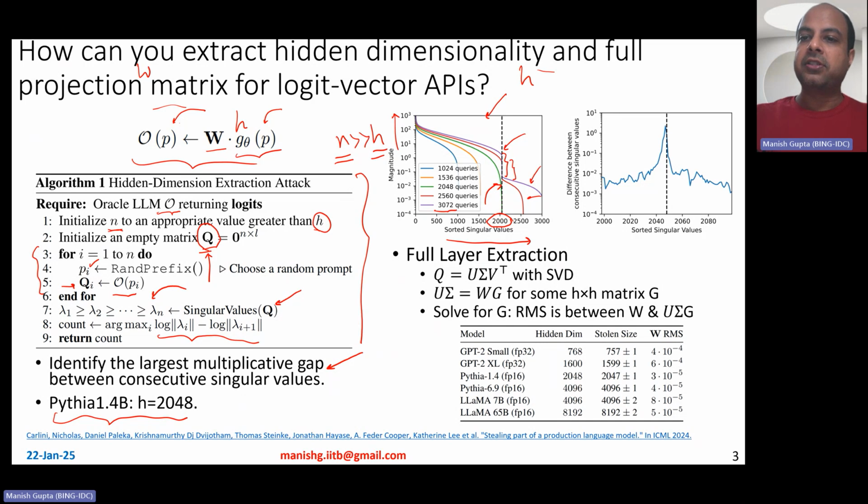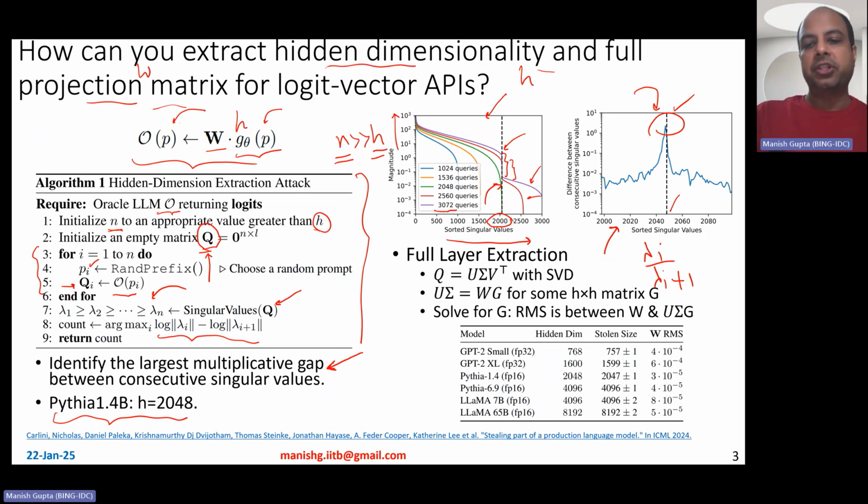You can also see this ratio being plotted here, this multiplicative gap. So this ratio of lambda i to lambda i plus 1 is plotted in this plot. And as you can observe, at 2048, this value is super high. Right? So that's that. Now, that was about the hidden dimensionality.